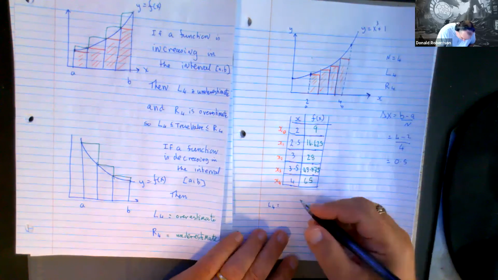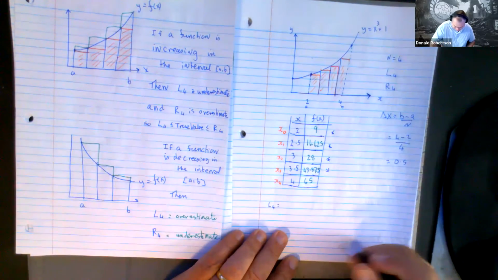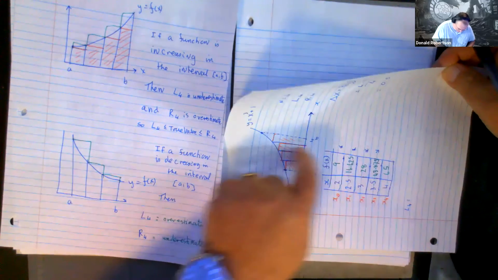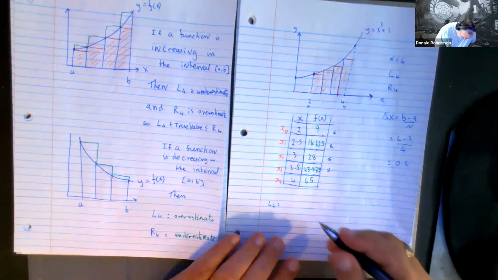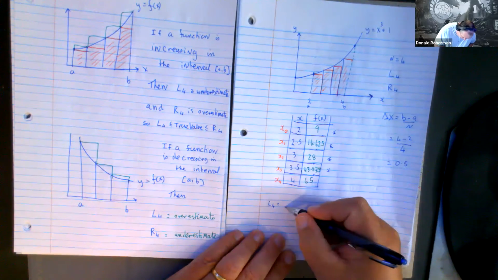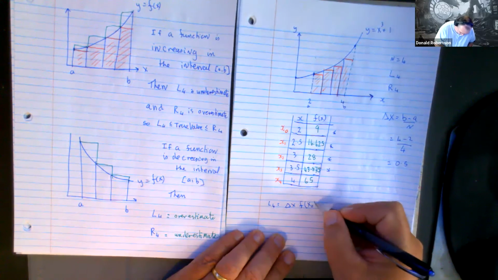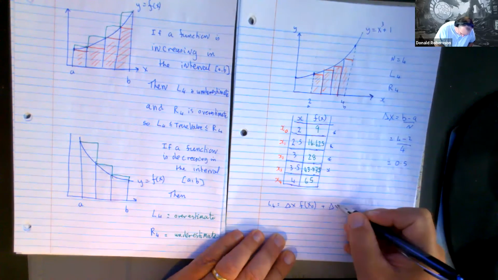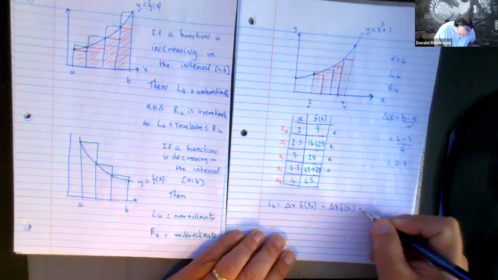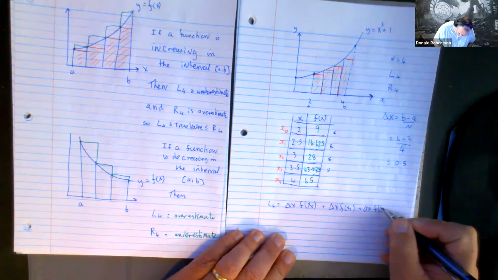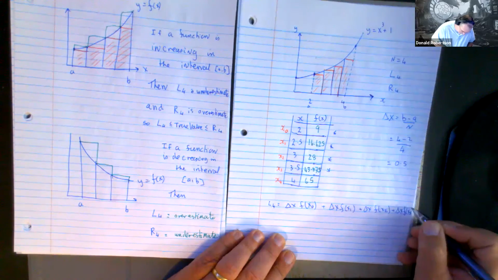If I wanted to write this down in a very general sort of a way, it would look like this. You would be using these 4 guys, right? The 4 on the left. If we did them as numbers, which I will in a minute, but let's not do them as numbers. The first rectangle would be delta x times the value of the function at x0, plus delta x, the value of the function at x1, plus delta x, the value of the function at x2, and finally delta x, the value of the function at x3.